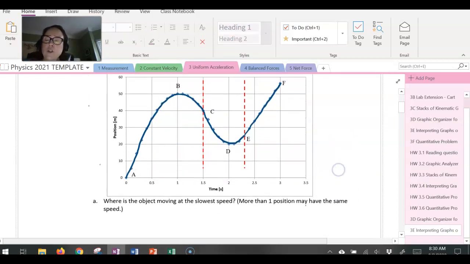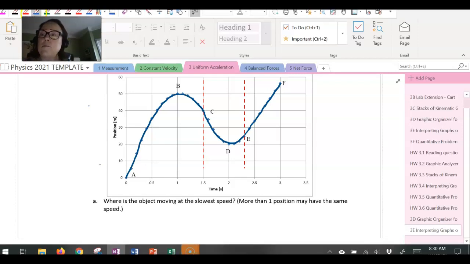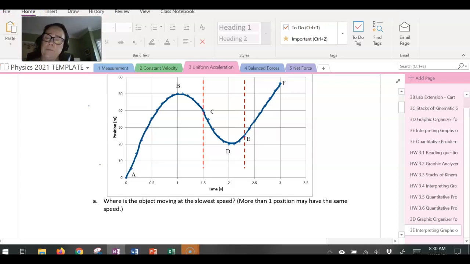Where is the object moving at the slowest speed? So on the position versus time graph, it's the slope that indicates the velocity, and speed is the magnitude of that velocity.